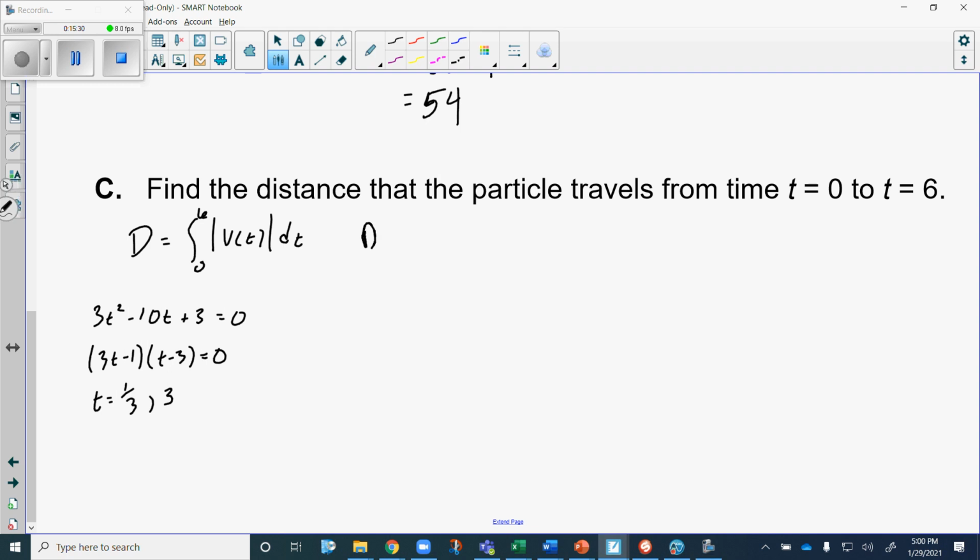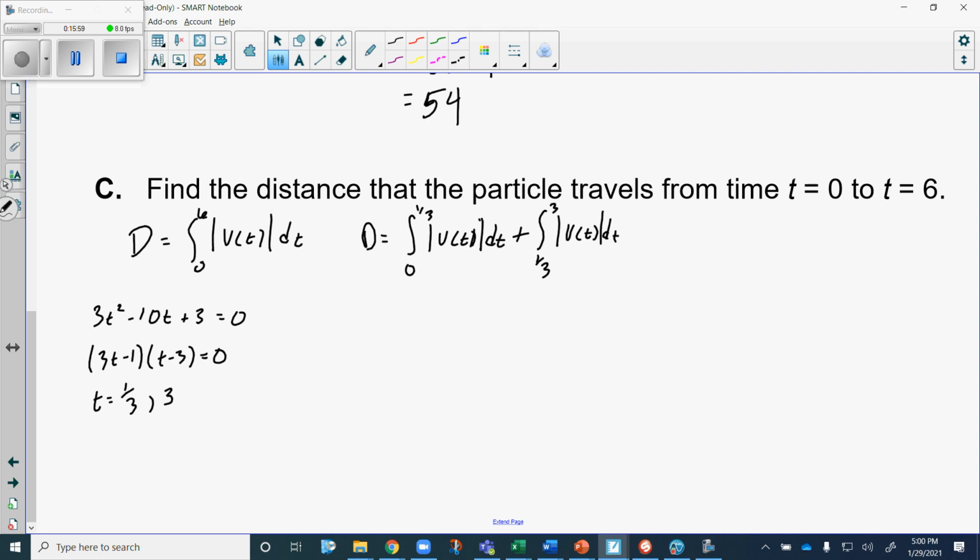So here my distance is going to be the integral from 0 to 1/3 of the absolute value of v of t dt, plus the definite integral from 1/3 to where it changes directions again, which is 3, of the absolute value of v of t dt.